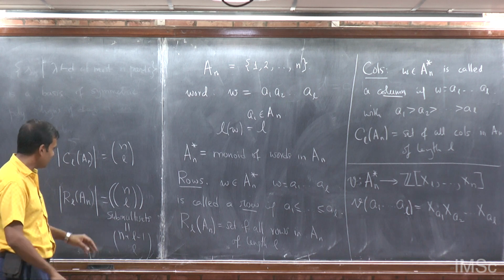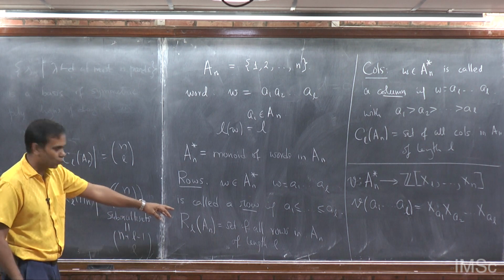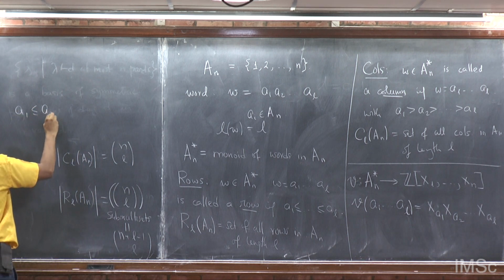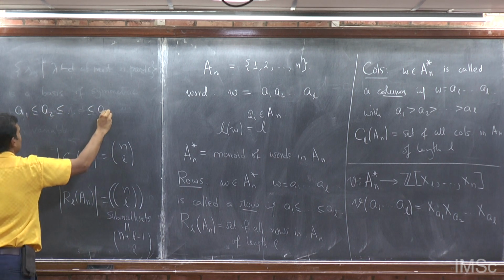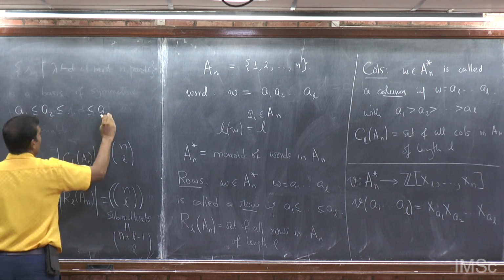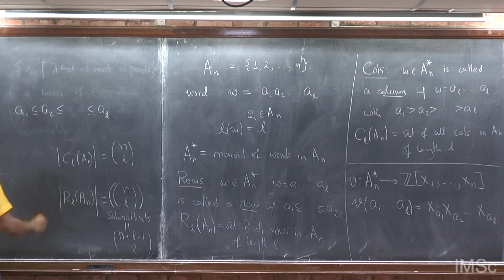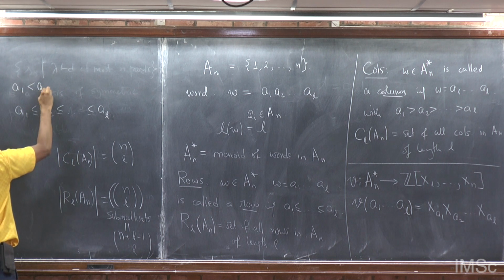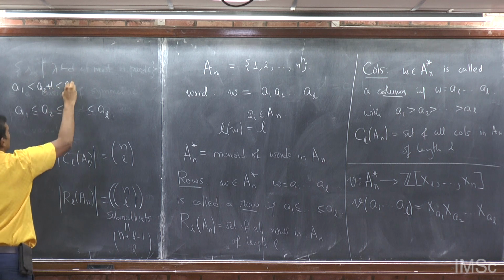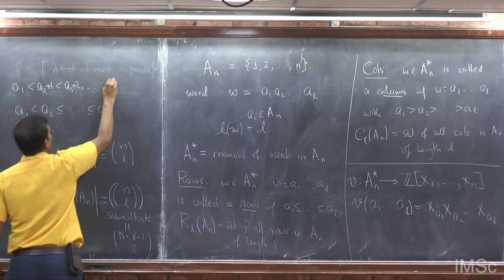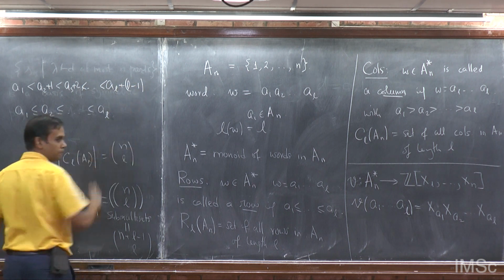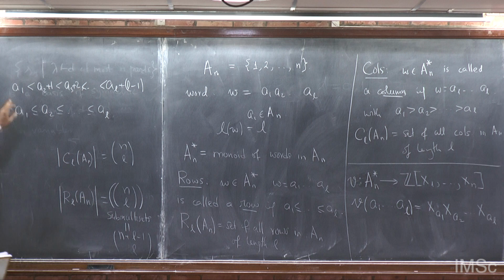If you have a row a1 less than or equal to a2 less than or equal to up to a_L, of length L, then you just replace it by a1, a2 plus 1, a3 plus 2, up to a_L plus L minus 1. These are clearly all distinct, right?